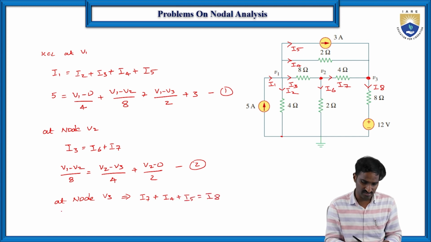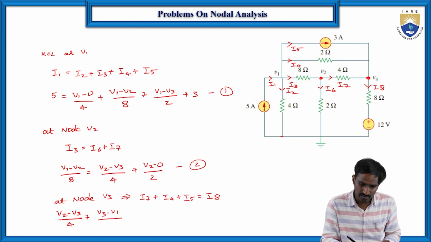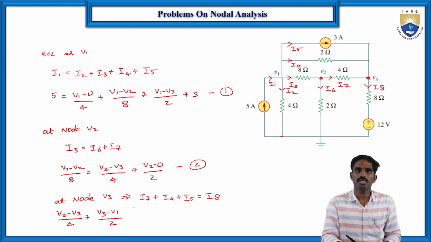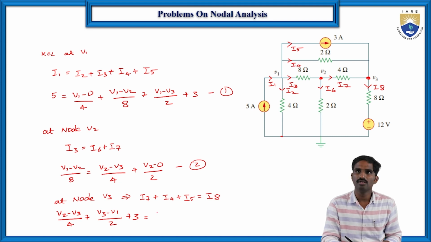So here I7 is (V2 minus V3) by 4, plus I4 is (V3 minus V1) by 2, plus I5, which is 3 amperes, which is equal to I8. I8 is the current flowing through 8 ohms, so (V3 minus 12) by 8. Let us consider this is equation number 3.